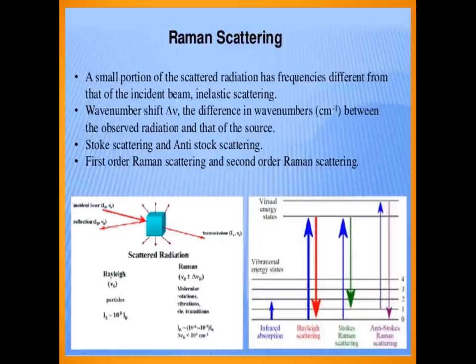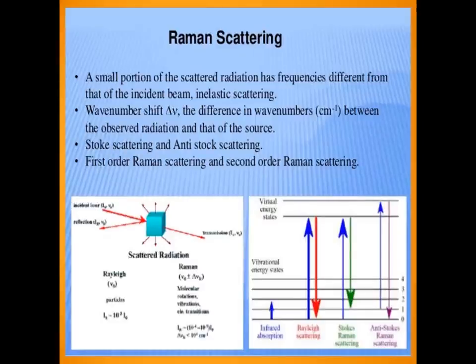Raman scattering is defined as the interaction of light ray with the particles of pure liquids or transparent solids, which leads to a change in wavelength or frequency.